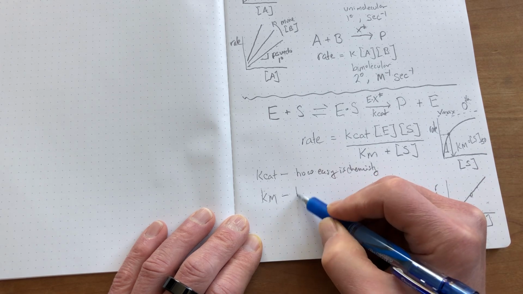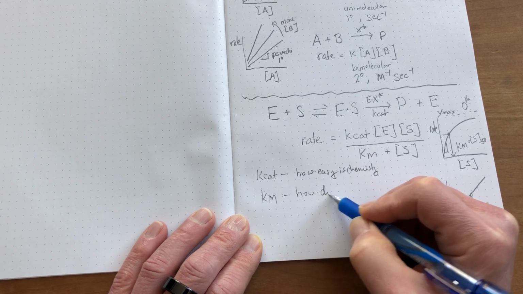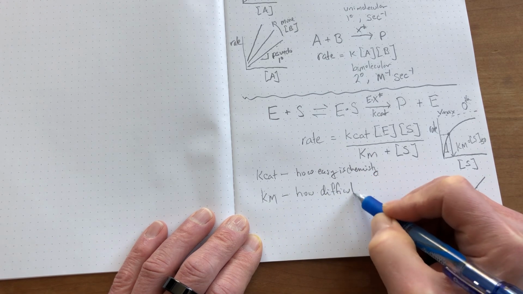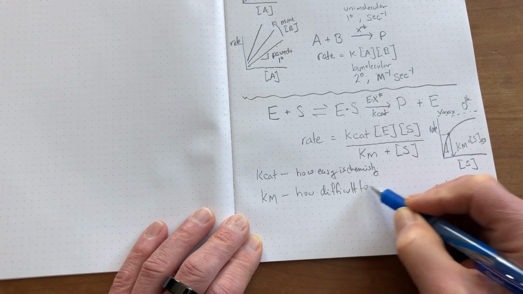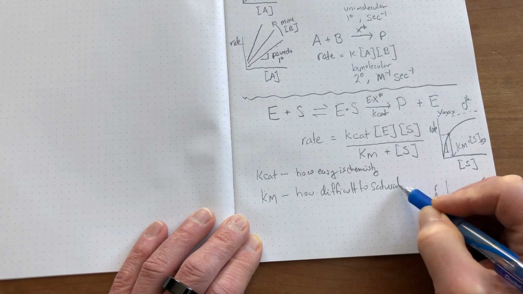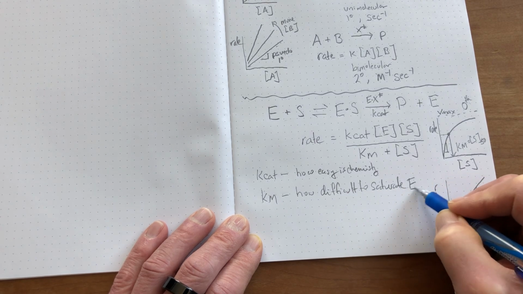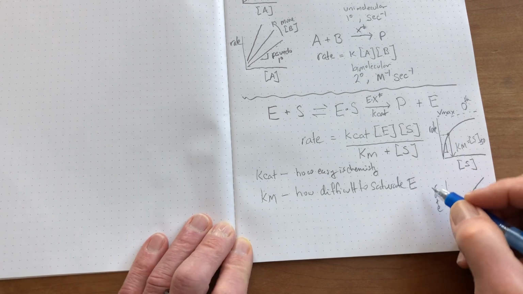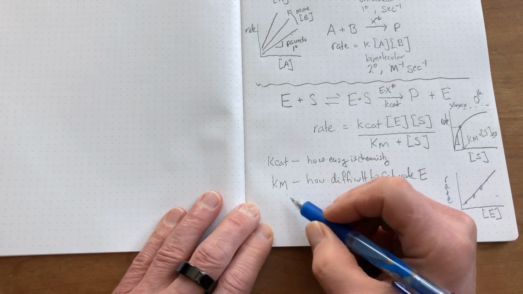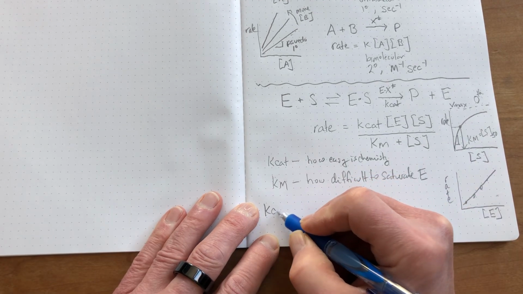So it reflects how difficult it is to saturate the enzyme.